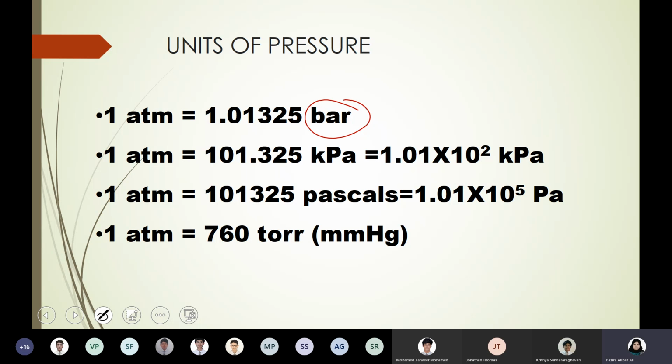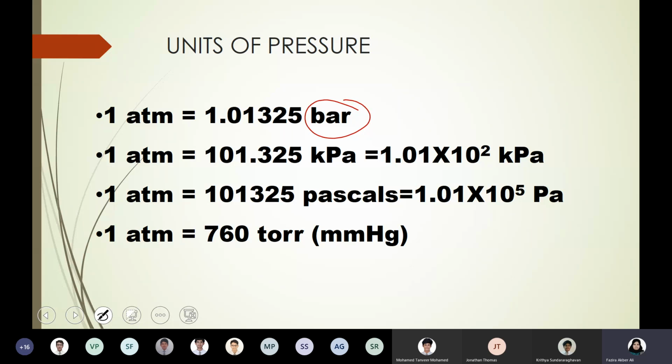So 1 atm is equal to 101.325 kilopascal, or sometimes they write 1.01 into 10 raised to 2 kilopascal. That is the shortcut way, 1.01 into 10 raised to 2 kilopascal or 1.01 into 10 raised to 5 pascal. Kilo means you have to divide it by 10 raised to 3. That is the only difference. And pascal is the SI unit of pressure.